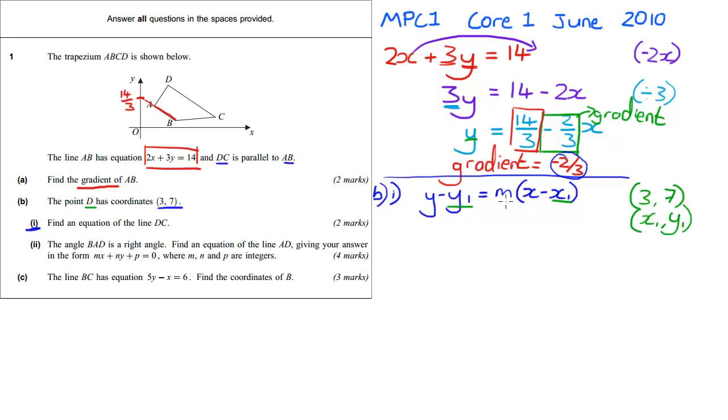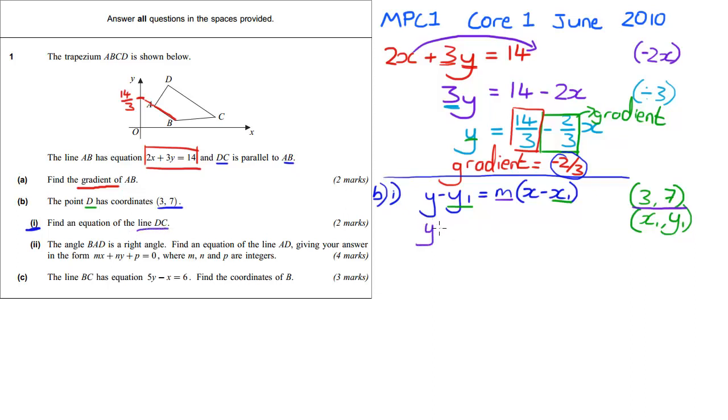So we can plug those straight in. And then what we have as well is m, which is the gradient. What it means is, if you know the gradient of the line, and you know one point on the line, like 3, 7 there, then you can figure out the equation of the line, which is what they want. So let's do that.